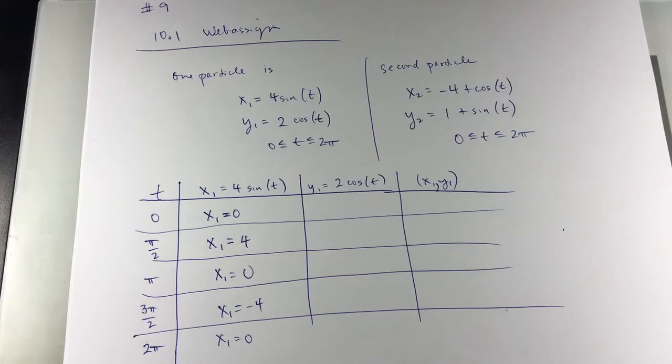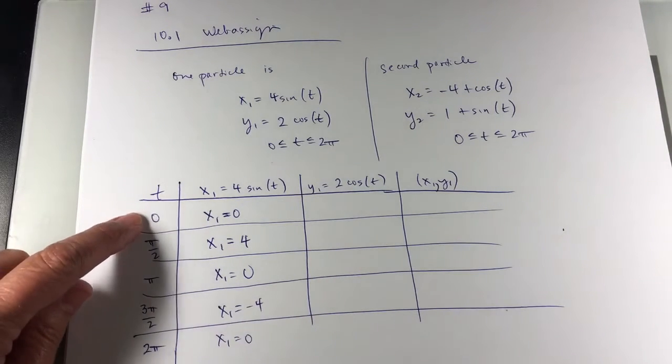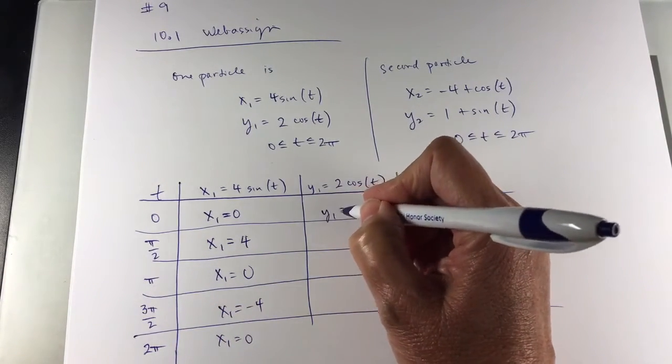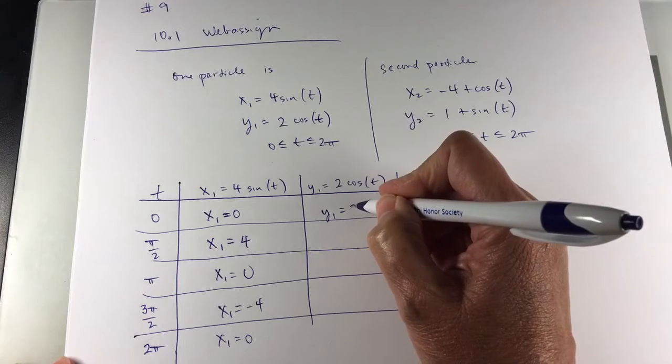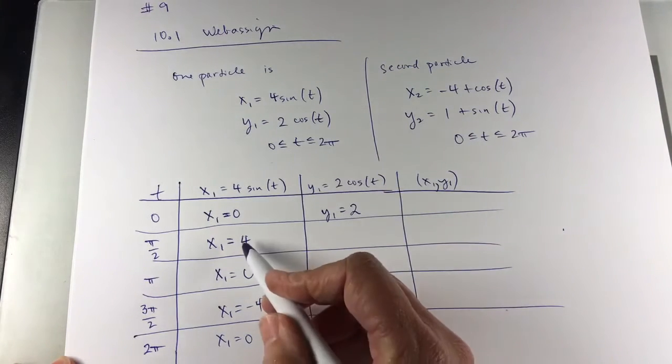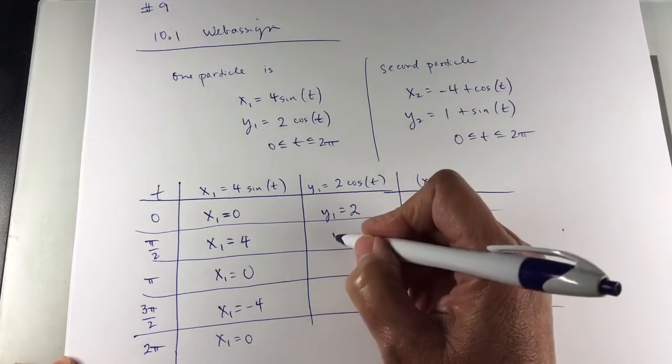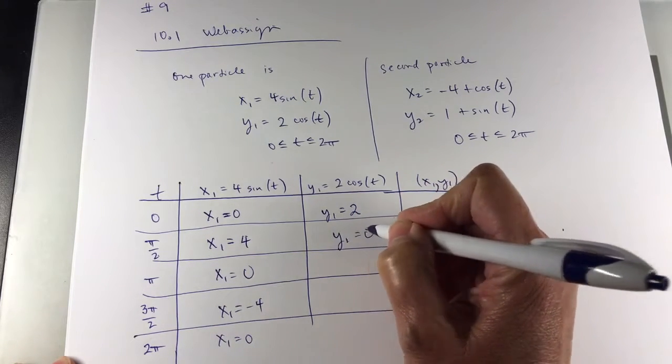In the cosine column, when t is 0, the cosine of 0 is 1, so y sub 1 is 2 times 1, which is 2. Then when t is pi over 2, this would be 0.